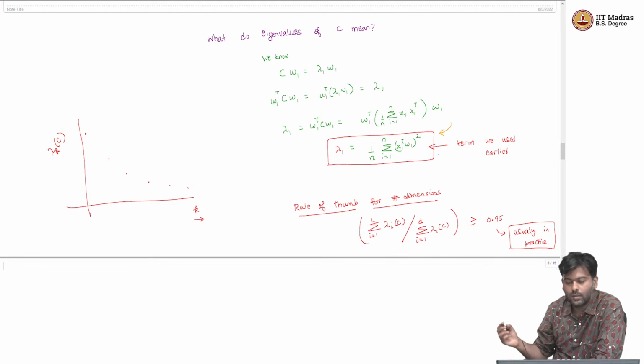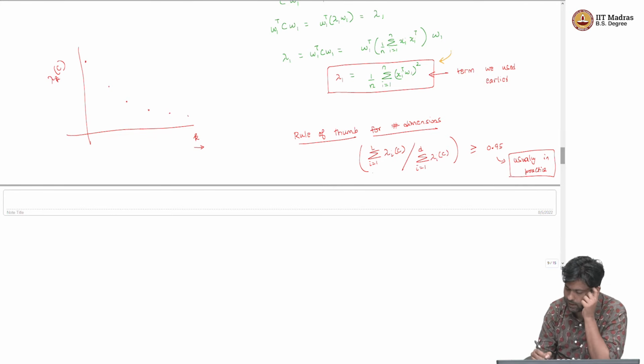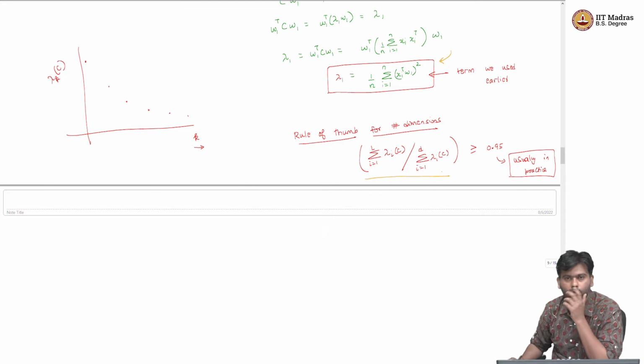In fact, this tells us that the covariance matrix has non-negative eigenvalues, which means the covariance matrix, for people who have seen this, is a positive semi-definite matrix. So this is also a proof of that. Anyway, the main point is that this quantity makes sense because these are positive numbers. So you can look at the ratio, see when it crosses 0.95, and use that as the value that you want. Okay, so this is fine.